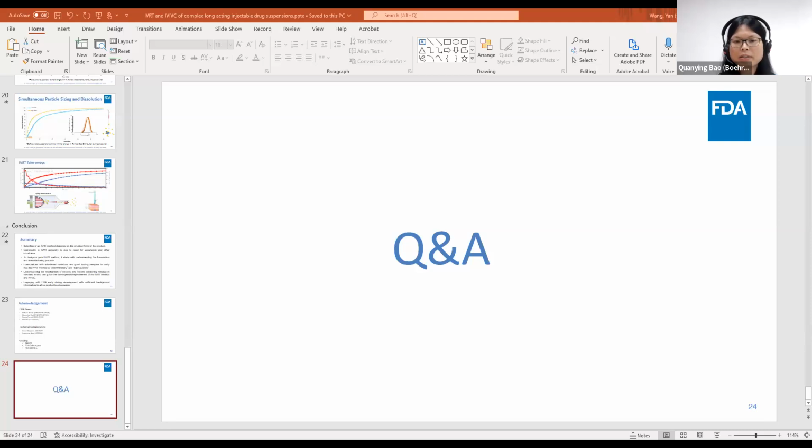What is expected in the method development report? Is this a must-have or nice to have in a first-in-human IND? So this, I'm not quite clear. The method development report, do you mean the dissolution method development report? And is this a must-have or nice to have in the first-in-human IND? Yan, do you know the question?